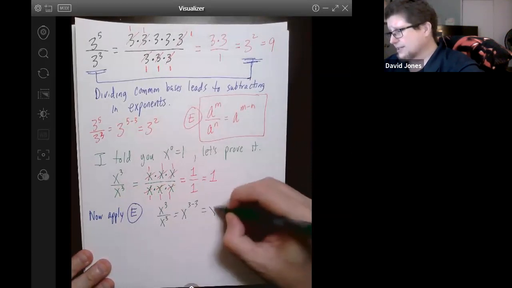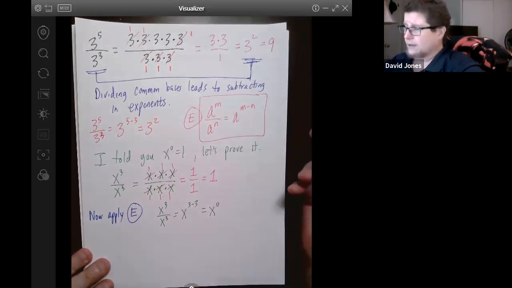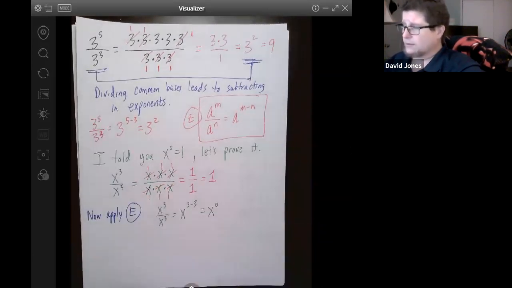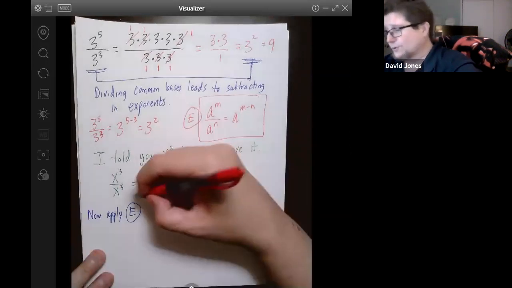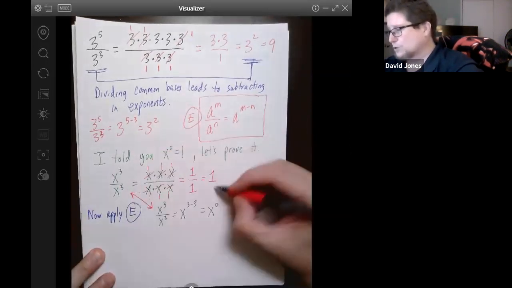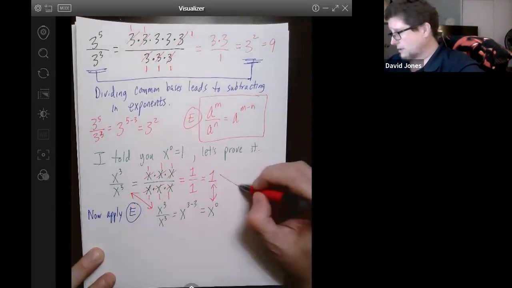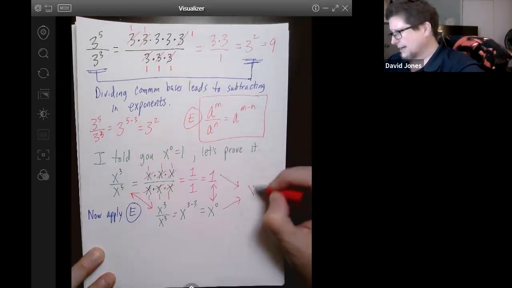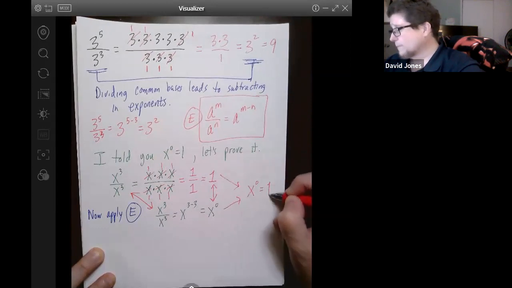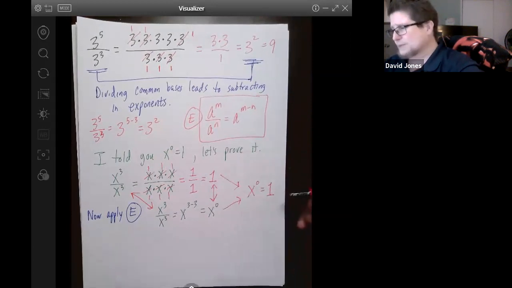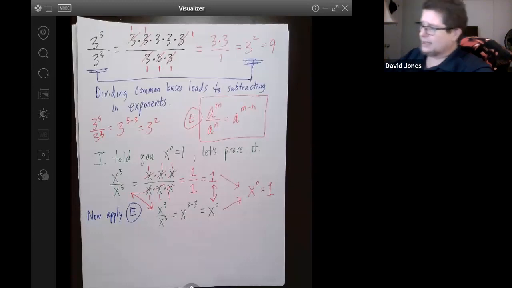This is x to the 0. These two things are identical, which means those two things are identical. X to the 0 equals 1. I used an x because it doesn't matter what the number is. Anything to the 0 power equals 1.